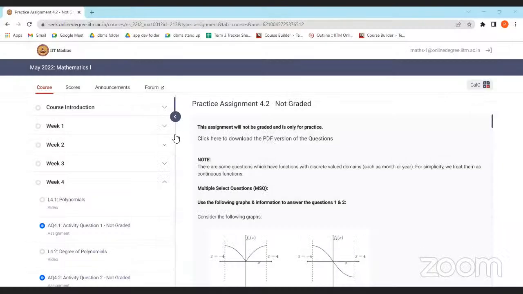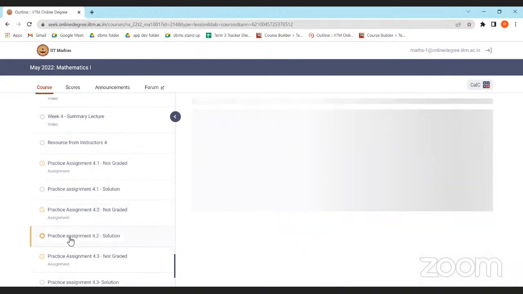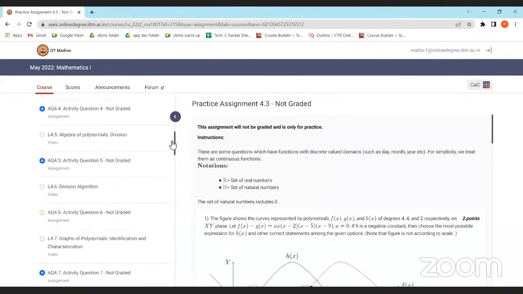Sir, are the PDF solutions provided or not? The solution PDF is available. So where, sir? Here you can see, just click on this practice assignment solution. Scroll a bit above.